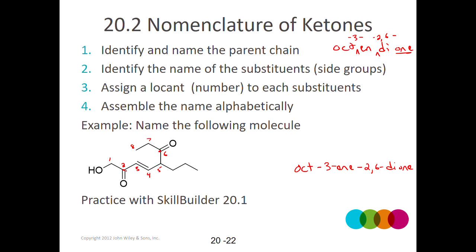All of that accounts for the 8 carbons in the parent chain, the 2 CO double bonds, and the alkene. What's not accounted for is the OH and the propyl. So here I have a 1-hydroxy, and the propyl is on 5-propyl. Oct-3-ene-2,6-dione. Any questions about any of those?